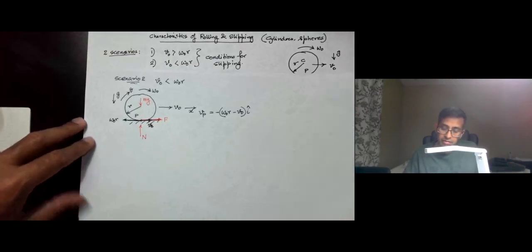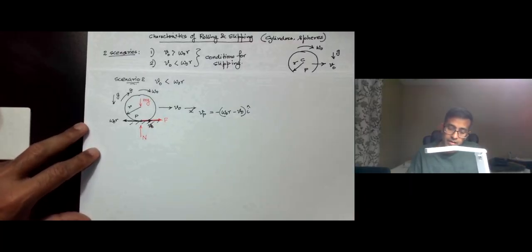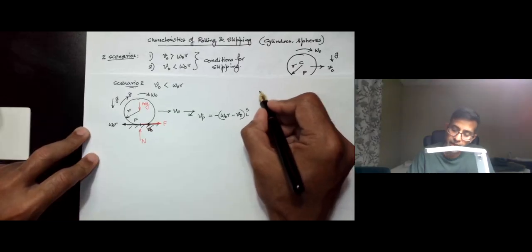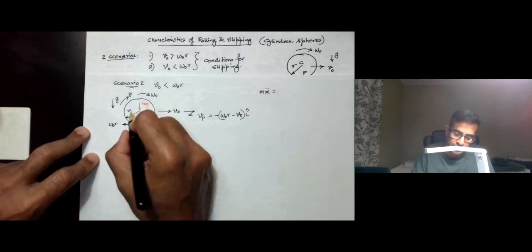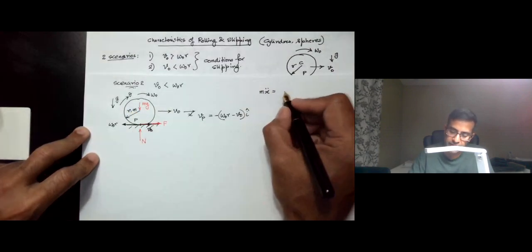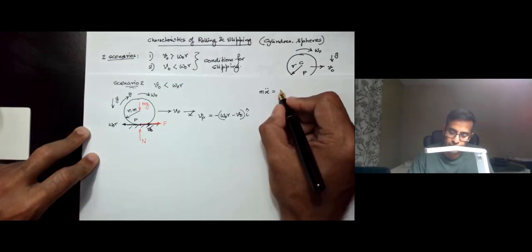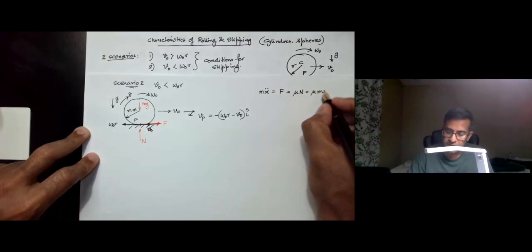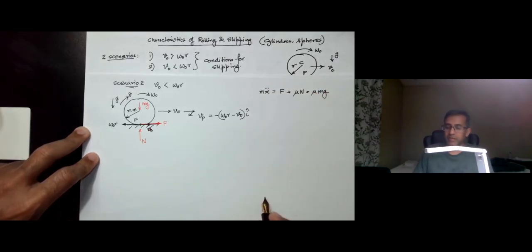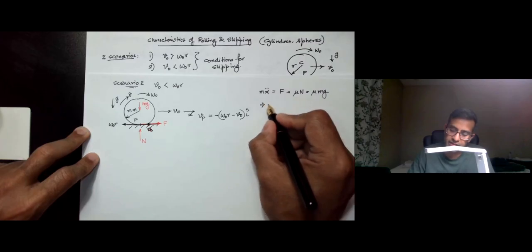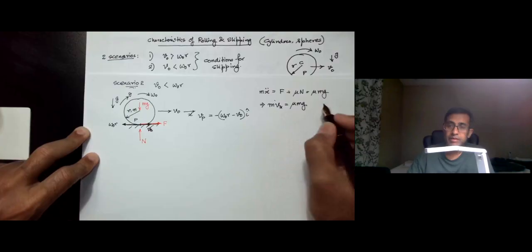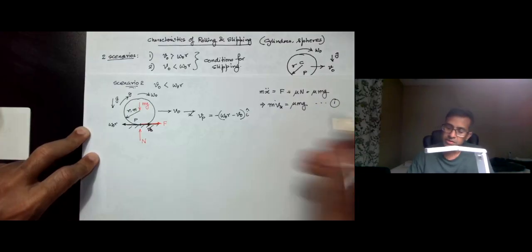So essentially we have m x double dot is equal to, since this is of mass m and x is the forward direction, the friction force, and that is going to be mu times N, which is mu times mg. If I express this in terms of velocity, then m Vx dot is equal to mu mg. So that's going to be my first equation.